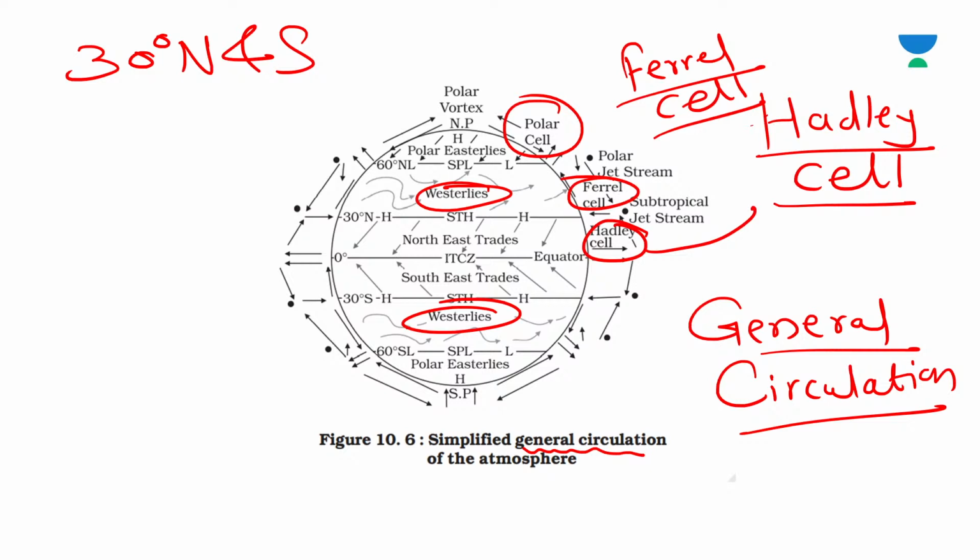So basically the converged air rises along with the convective sail. It reaches the top of the troposphere up to an altitude of 14 kilometers and moves towards the poles.